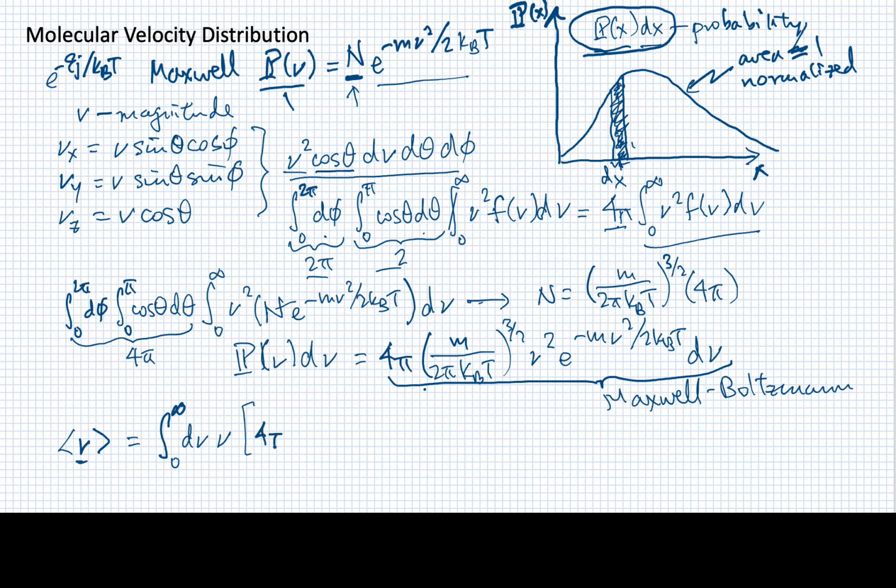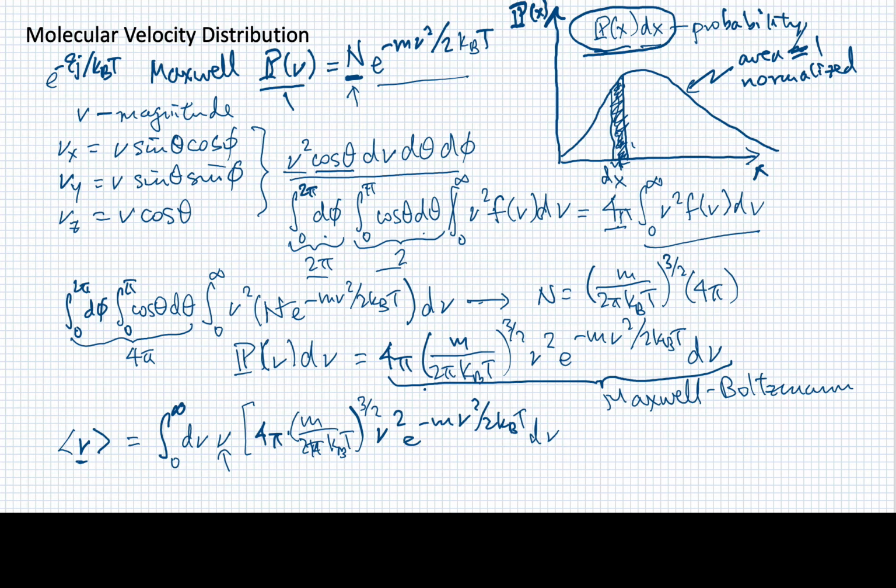So we'd have 4 pi times m over 2 pi kBT, all of this raised to the 3 halves, times v cubed e to the minus mv squared over 2 kBT dv. All right, this would be how we would evaluate an average velocity for this.